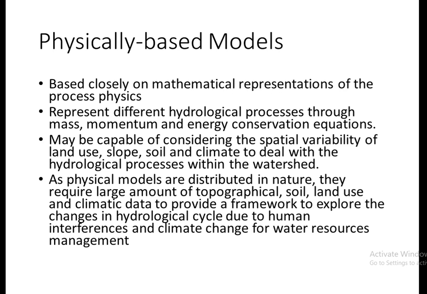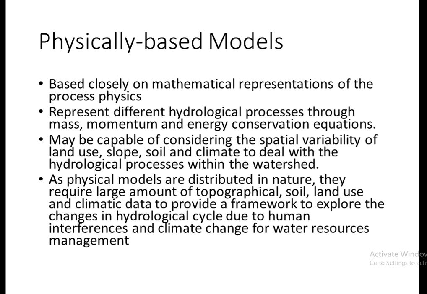These models may be capable of considering the spatial variability of land use, slope, soil, and climate to deal with the hydrological processes within the watershed. So it is somehow better than the previous because they consider the spatial variability of the different places within the watershed.